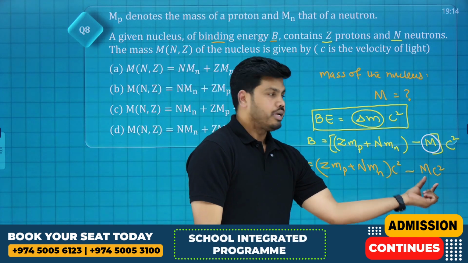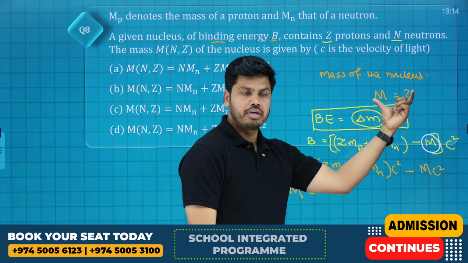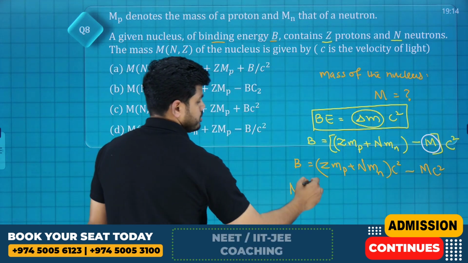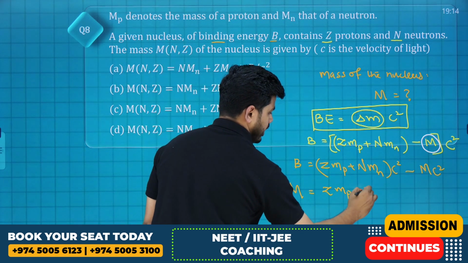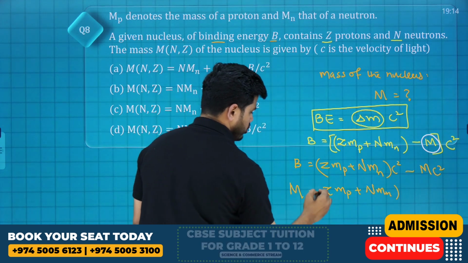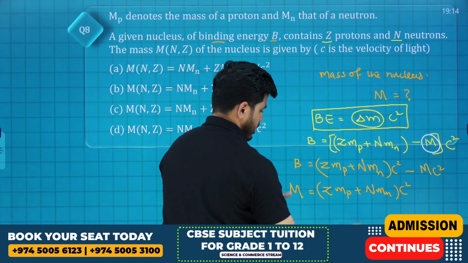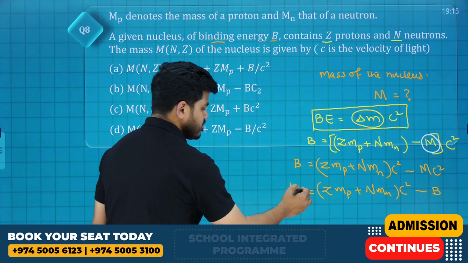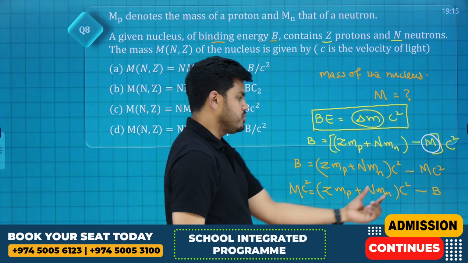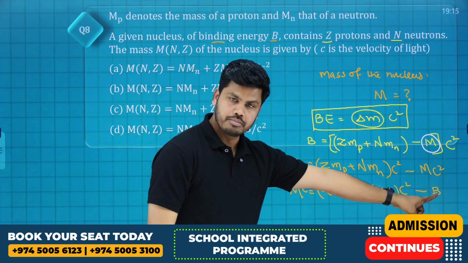M is equal to (Z mass of proton plus N mass of neutron) into C square minus B, but there was a C square also here, so taking C square and MC square to the LHS gives this.